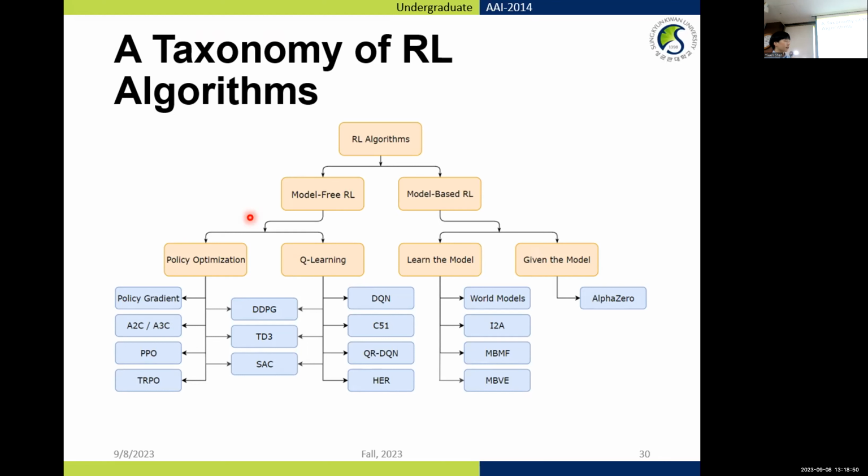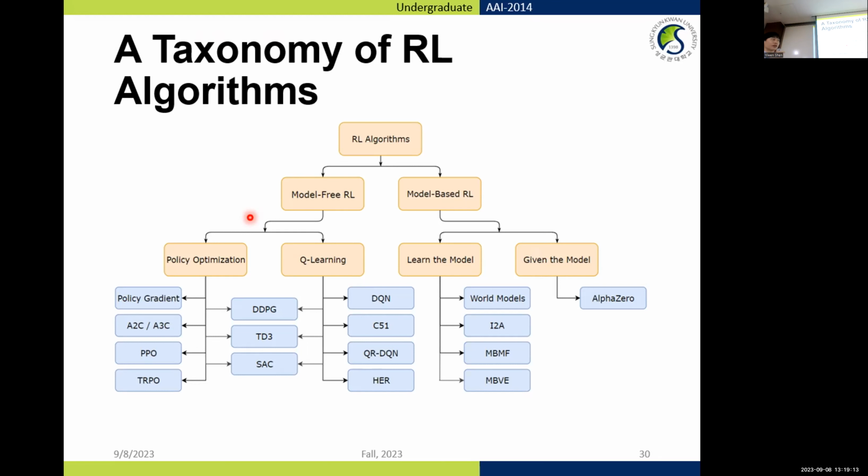Later in this lecture we may select some of them to study, some important ones. For example, in the last lecture we looked at PPO, the proximal policy optimization approach.